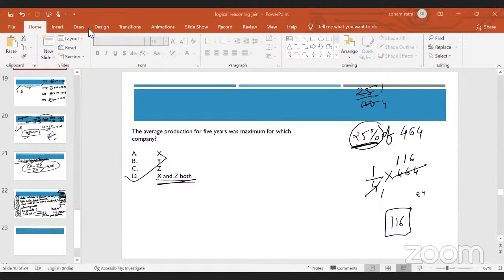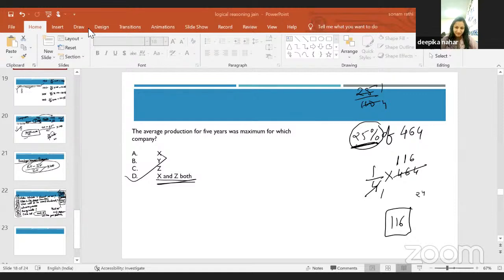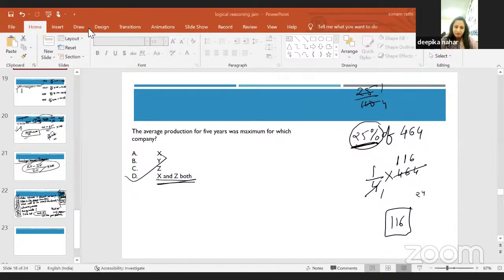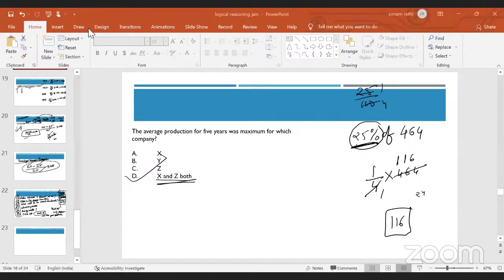Guys, any other question? For some reason, I'm not able to share the attachment with them. You can share my number and they can leave a message and I'll reply to them. I think that will be helpful.